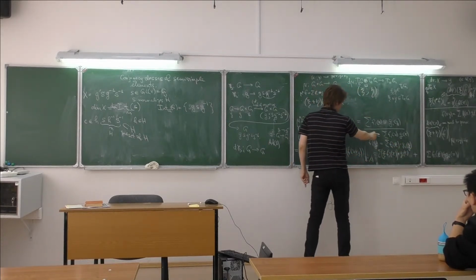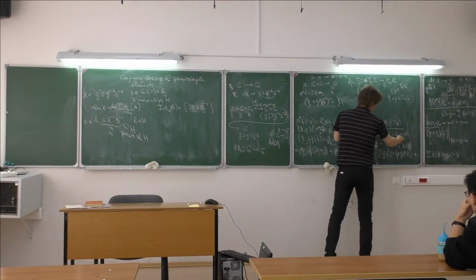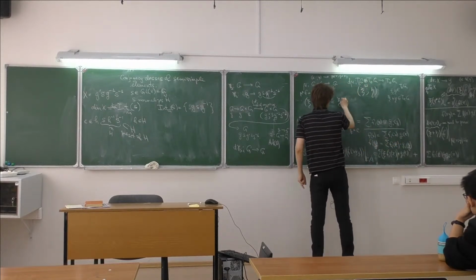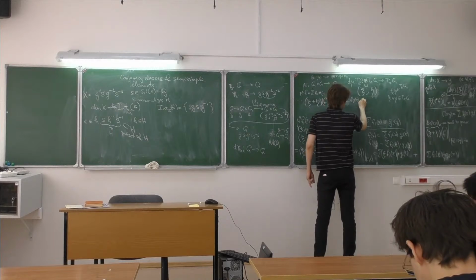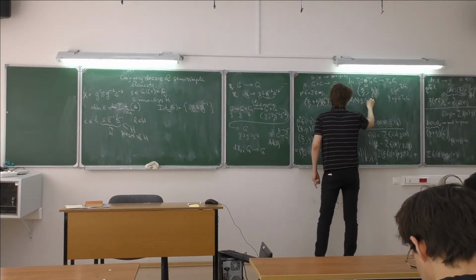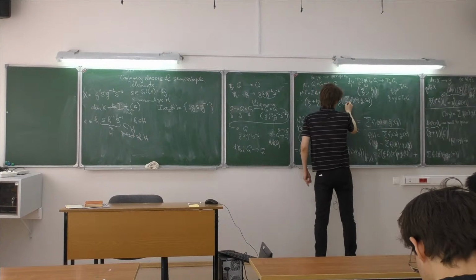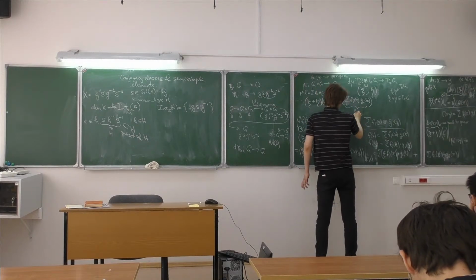Here I can write down this formula for the application of xi, to be fi of x and gi of e, which is just f of x.